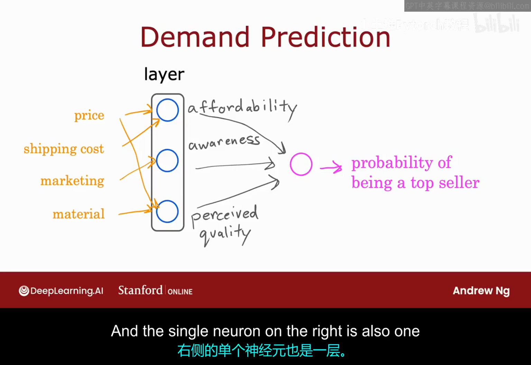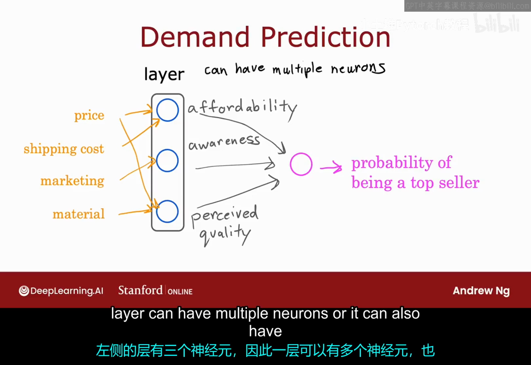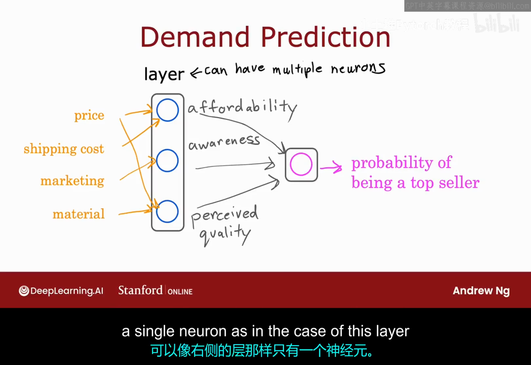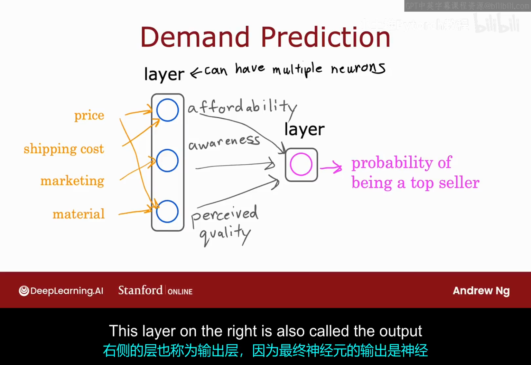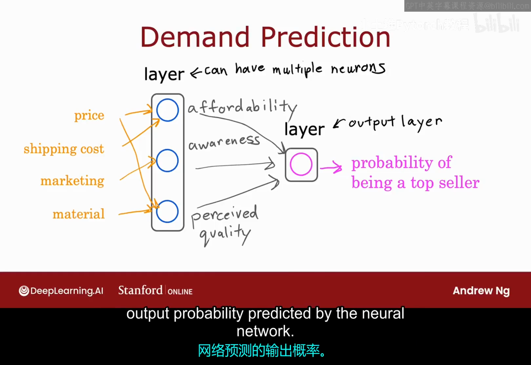And the single neuron on the right is also one layer. The layer on the left has 3 neurons, so a layer can have multiple neurons, or it can also have a single neuron, as in the case of this layer on the right. This layer on the right is also called the output layer, because the output of this final neuron is the output probability predicted by the neural network.